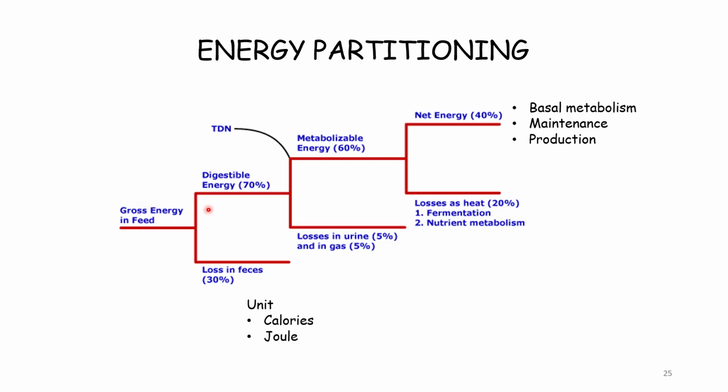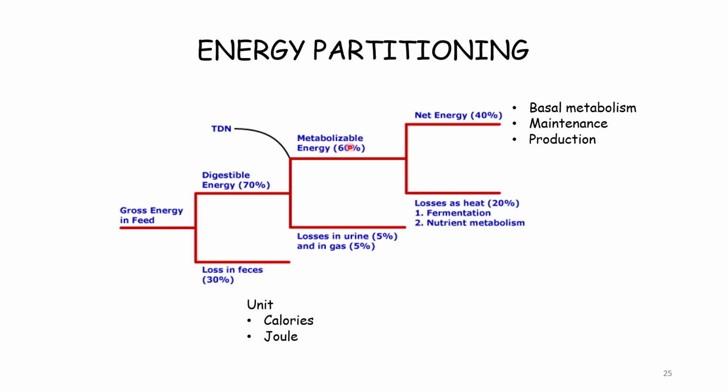When the animal takes it inside the body, 30% of the energy is lost through the feces, meaning undigested food, and 70% is digested. Out of this 70%, about 5% is lost through the urine and 5% through gas production. So 70 minus 10, we get 60%.